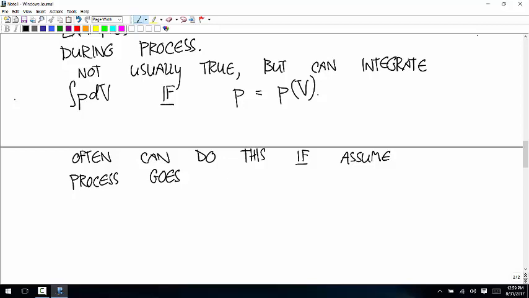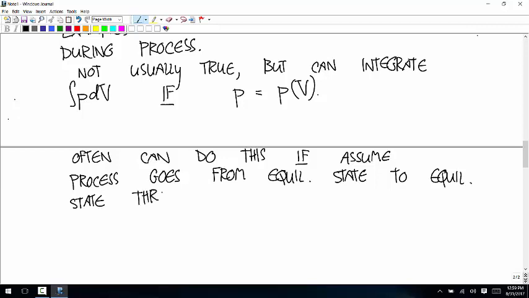That's not true, but a lot of times it's pretty close to true. So it goes from equilibrium state to equilibrium state throughout the process.